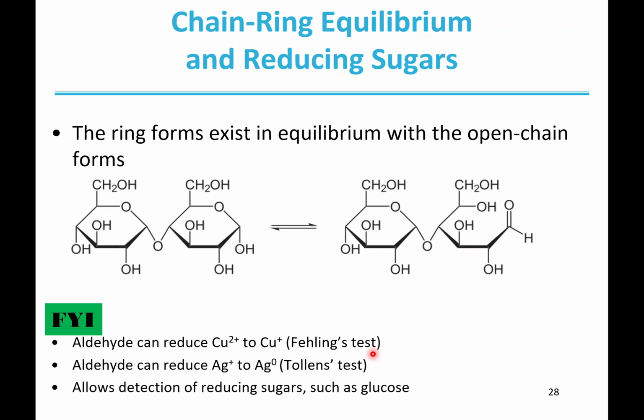The historic tests using copper or silver really can tell you if you have reducing sugars in a sample. So that's what that term comes from. These sugars, because they have aldehydes in them, can reduce these metals in Fehling's test and Tollens' test.